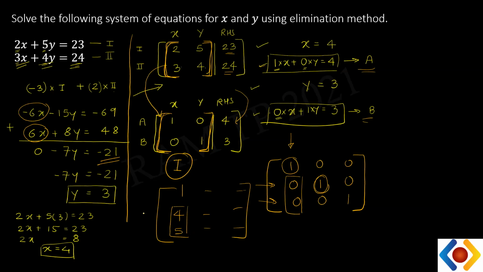You will say R2 will be R2 minus 4 times R1. Correct? Yes, sir. R3 is equal to R3 minus 5 times R1. Right? You can perform these two steps together if you want, and you can make this 0. If you're not comfortable, go one by one. Are you understanding the logic now?